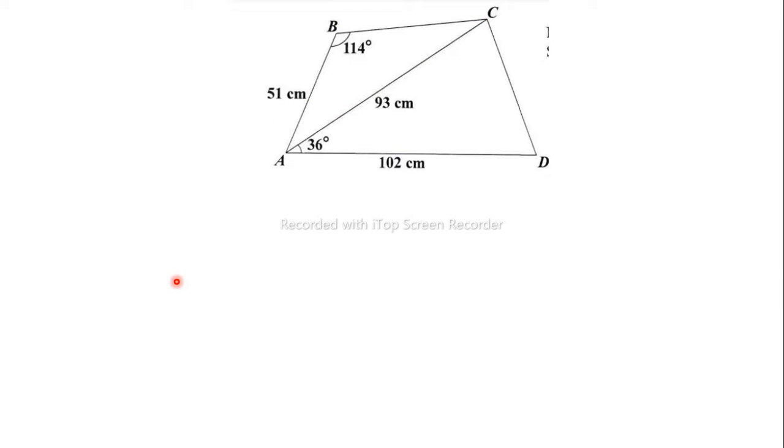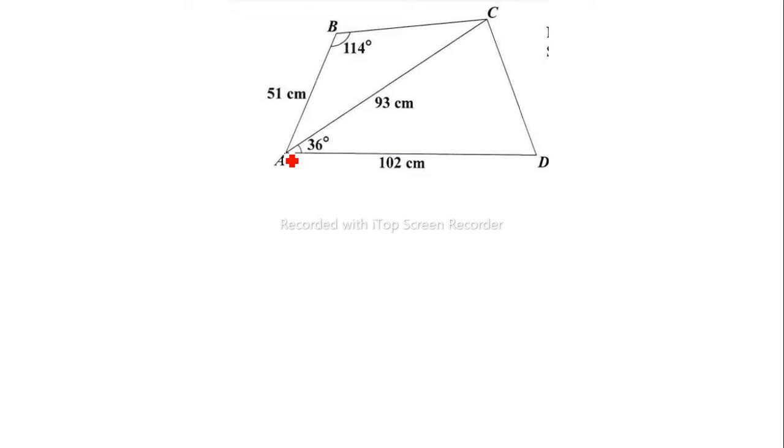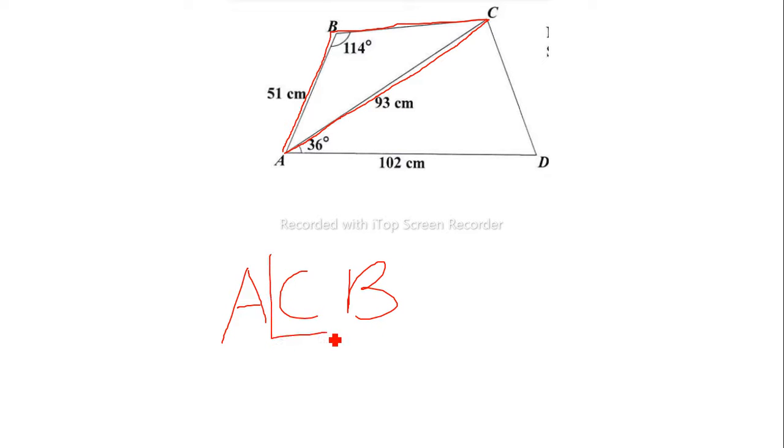We're dealing with the other triangle, this one, A, C, and B. That's very important. Now, which one comes in the middle? C comes in the middle, so we're focusing our attention on this angle.